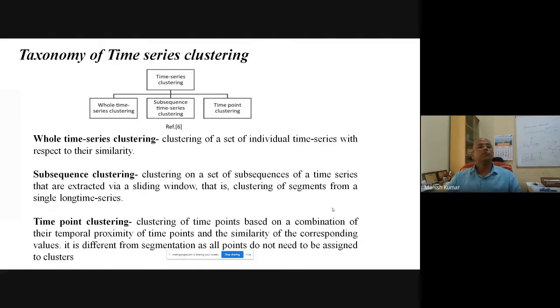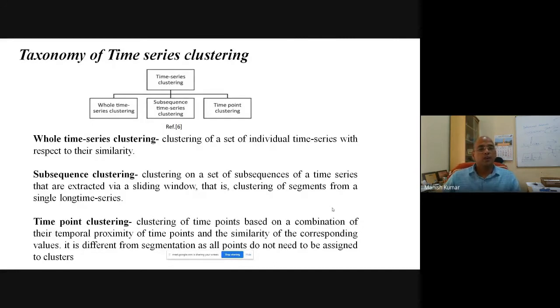As far as time series clustering is concerned, there are three types we can look at. The first is whole time series clustering, then subsequence time series clustering, then time point clustering. Whole time series clustering is done on individual time series with respect to their similarity measures.